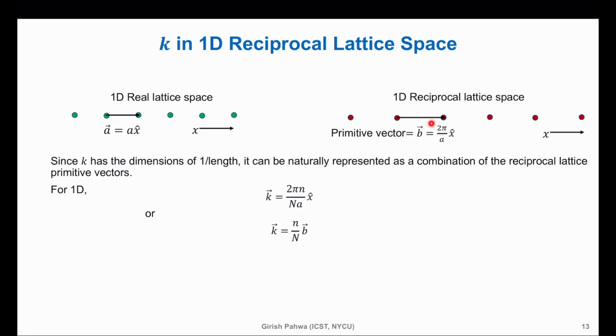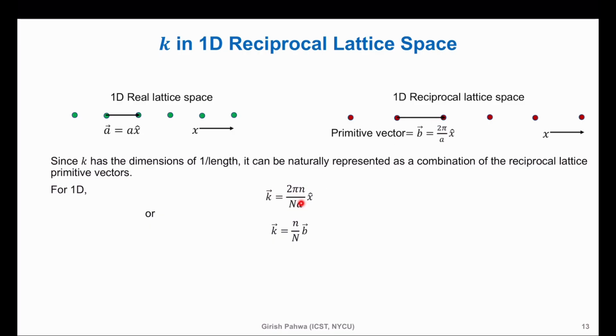Let's see how many we can fit. In one vector b, how many k's can I fit? See, look at the length of this. This is 2 pi by a. What's the distance between two adjacent k points? 2 pi by Na. We know that.